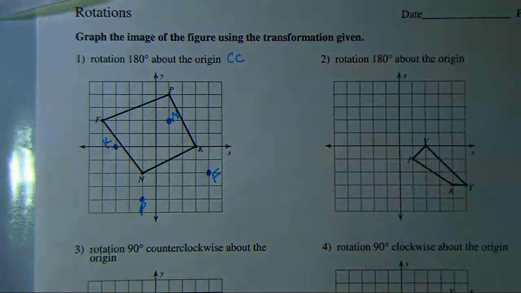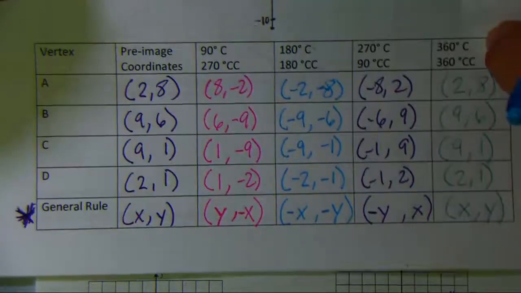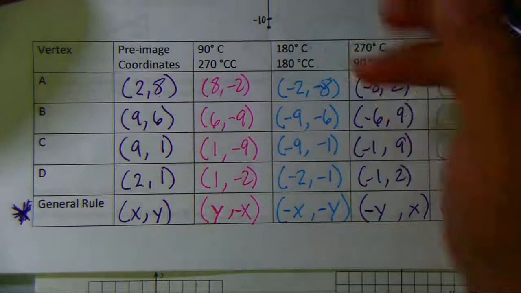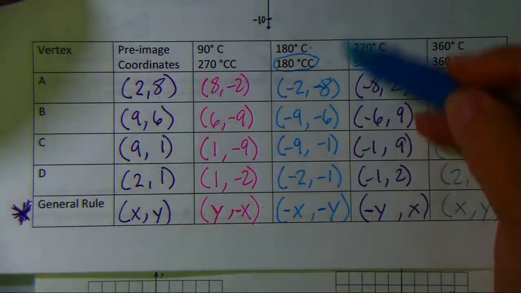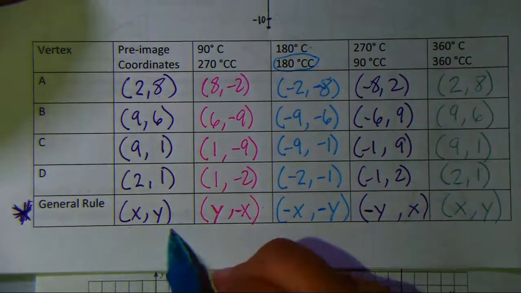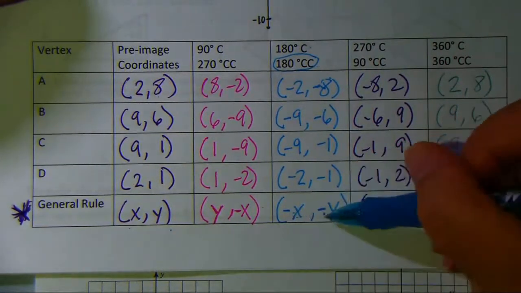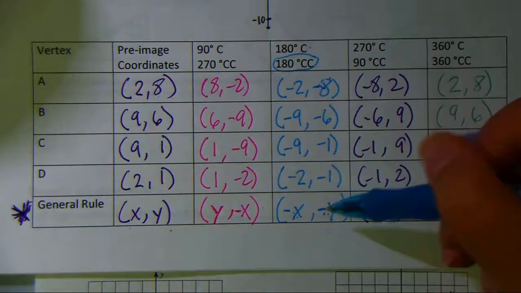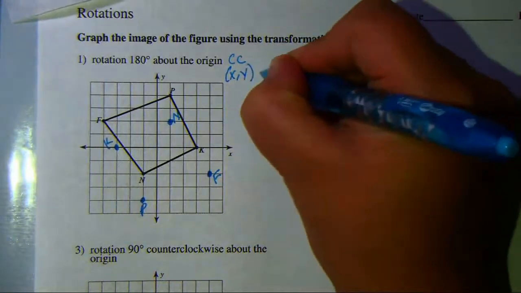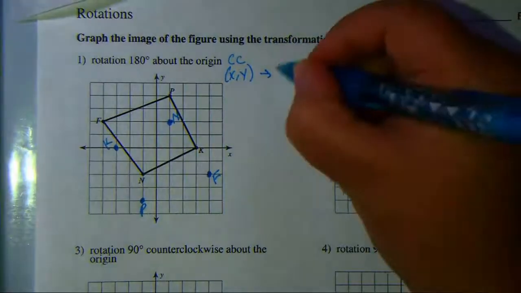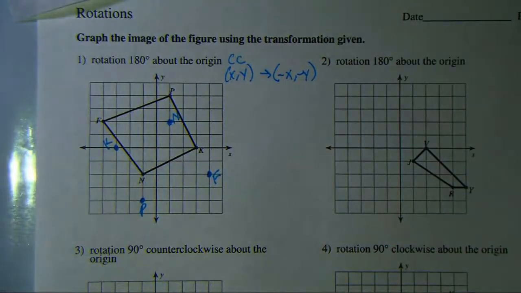Okay, so if we take a look at our rules, it says that if we are rotating 180 degrees counterclockwise, then the rule says that I take each point and I give them opposite signs. So the rule here is that every (x, y) becomes (-x, -y), or opposite x, opposite y.